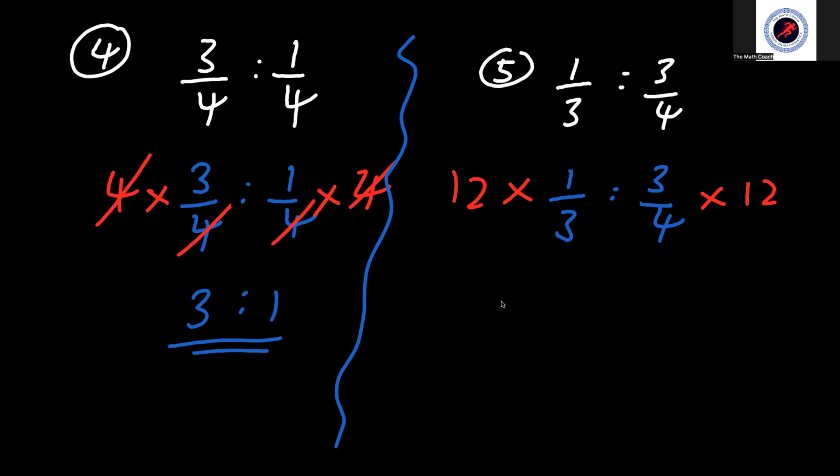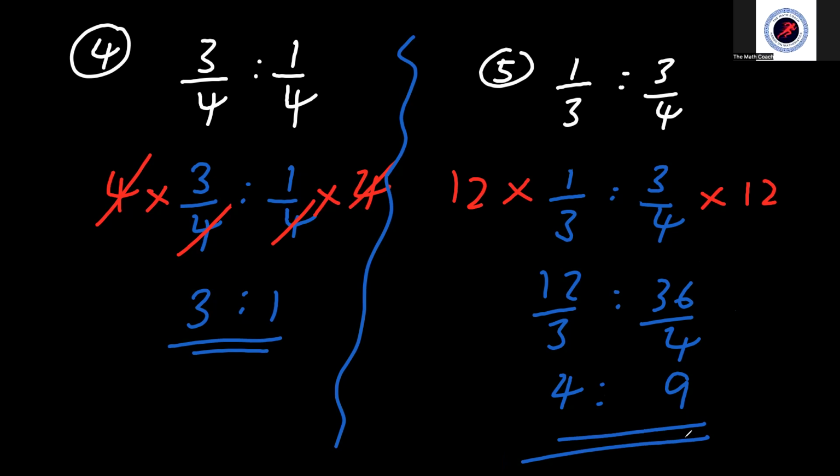So 12 over 3 is to 36 over 4. It's going to be 4 is to 9. Right. Let's go for the next one.